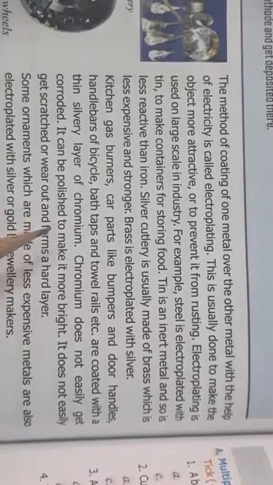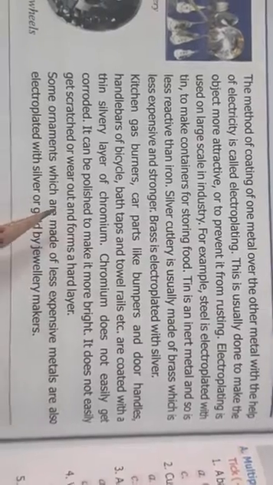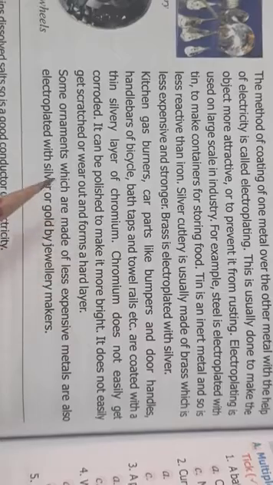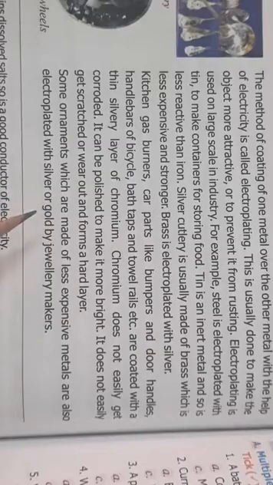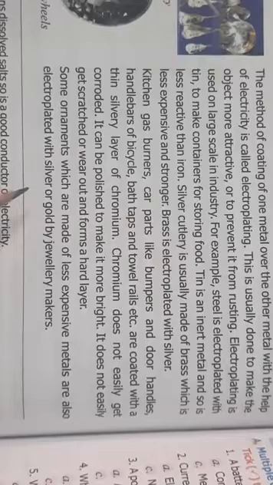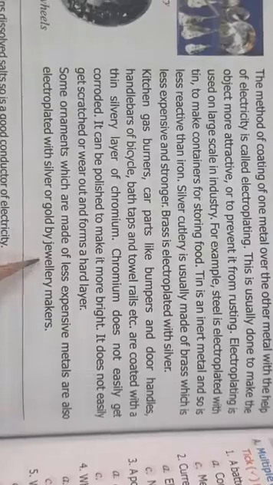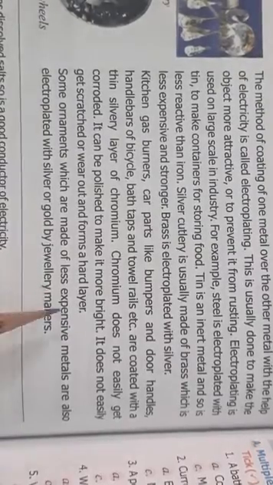Because chromium does not get corroded, it can be polished and made bright, and it does not easily get scratched. Then ornaments made of less expensive metals are electroplated with silver or gold by jewelers so that they become more attractive. So these are the various uses of electroplating.